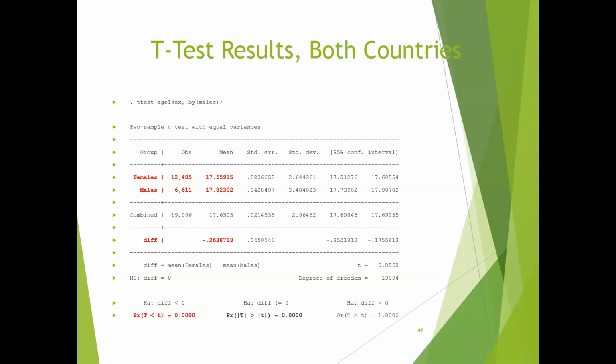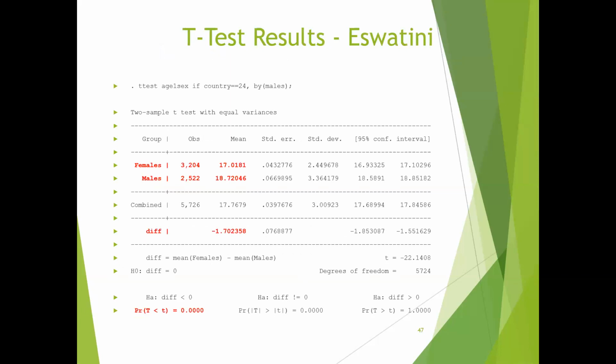So slide number 47 looks at this relationship just for Eswatini, right? Notice that the sample sizes are different, okay? But what is the main difference between both countries together and Eswatini separately?